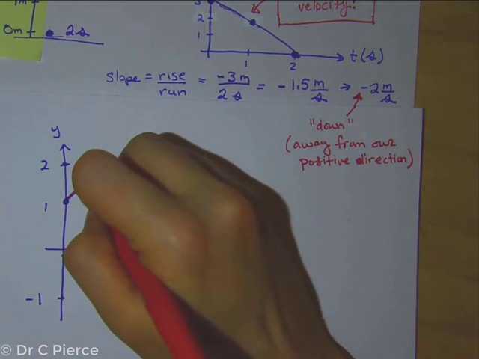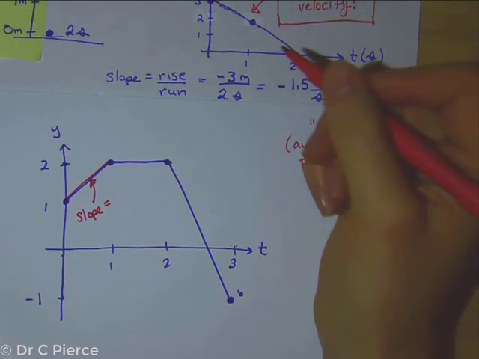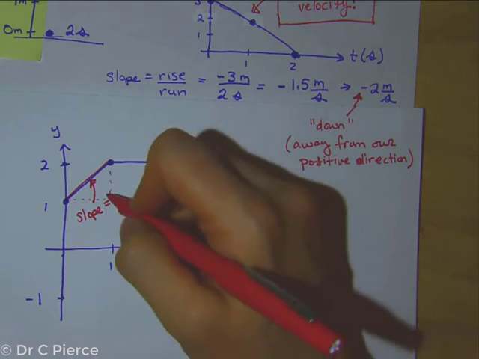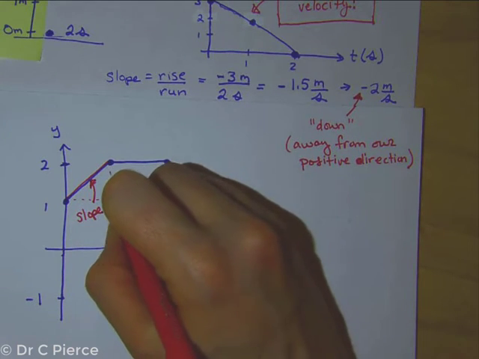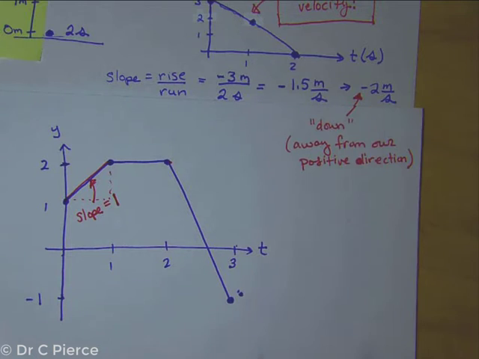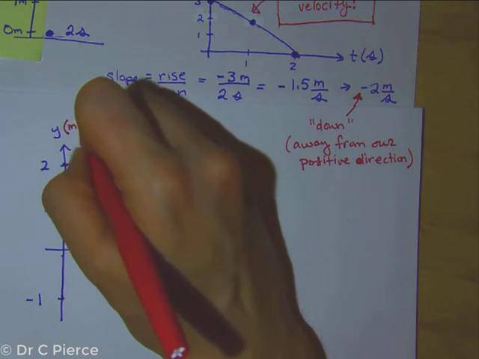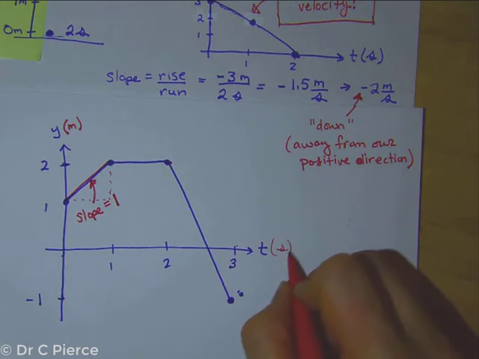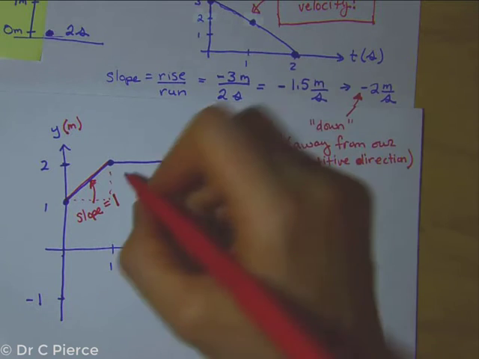But here we could also say that the slope would be rise over run. So there's the rise of +1 and the run of 1 second. So that would give us a slope of 1. And if this was in units of meters, and this was in units of seconds, then that would be 1 meter divided by 1 second.